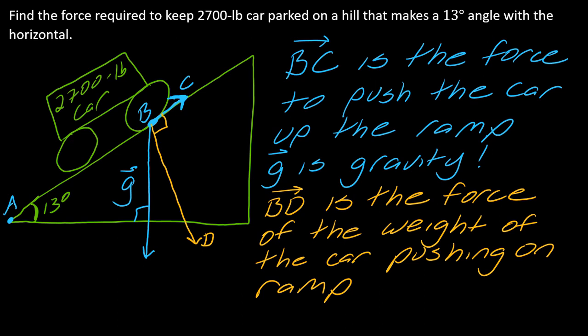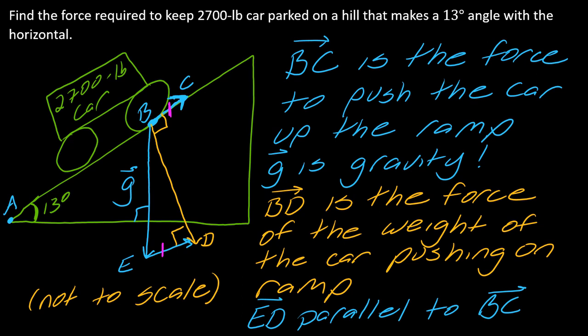Okay, now the last thing is, we've got this gravity vector, and then we've got this BD, the weight of the car pushing, and then from here to here, this is going to be ED. So we can create this other vector. This vector here runs parallel, and it's the same vector.